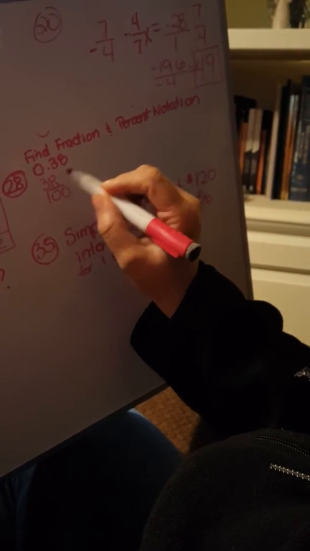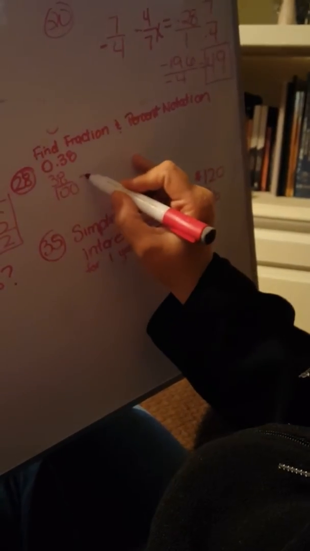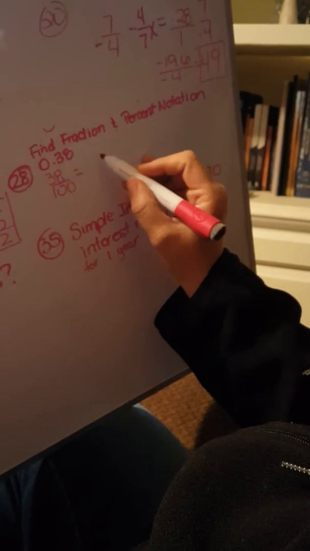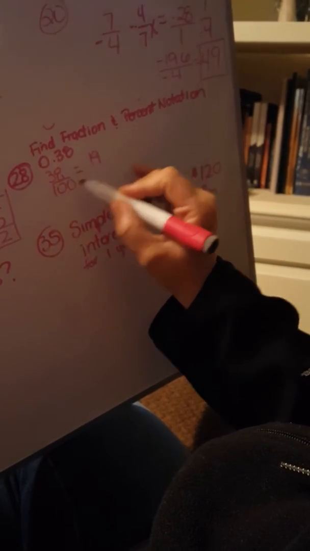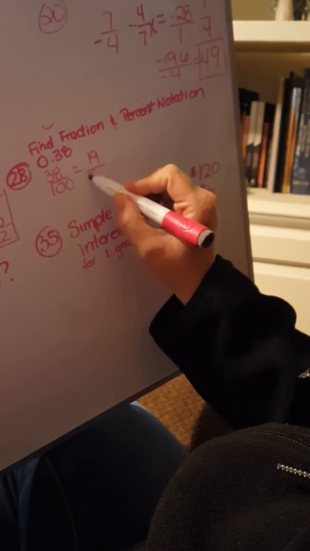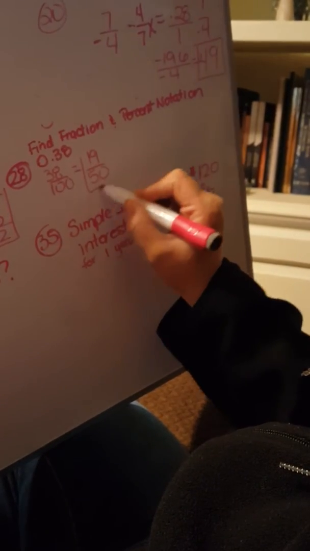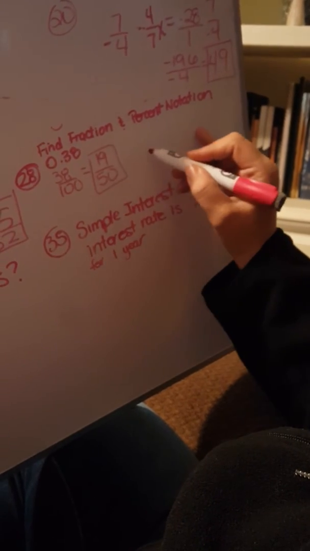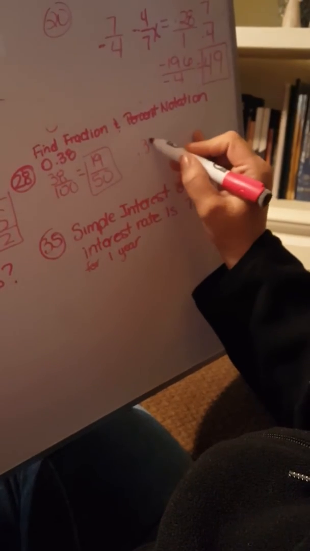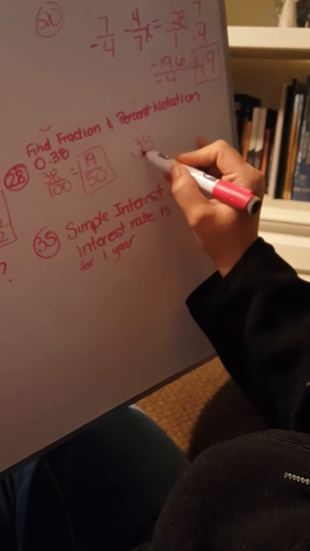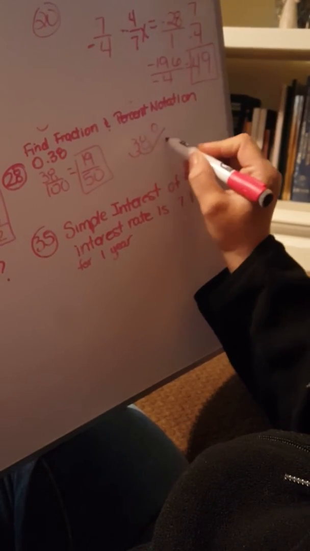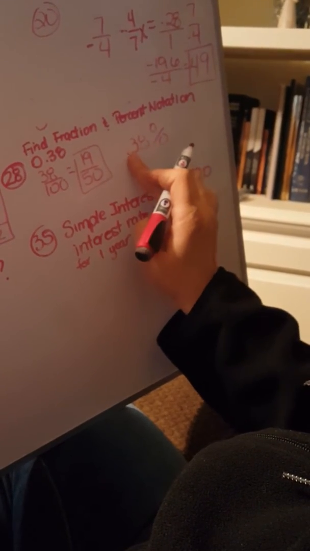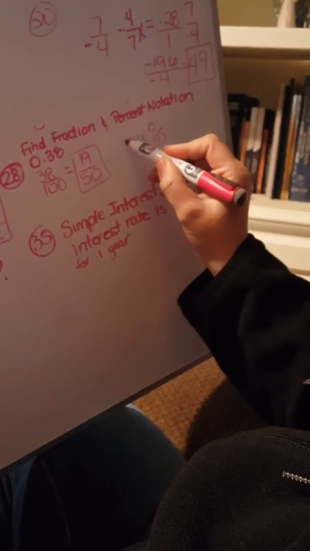And this can still be reduced by 2, so 2 goes into 38 19 times, and 2 goes into 100, 50. Okay, and to write that into percent, you just remember you move it 2 decimal places to the right, making that a percent. So it's 38%.